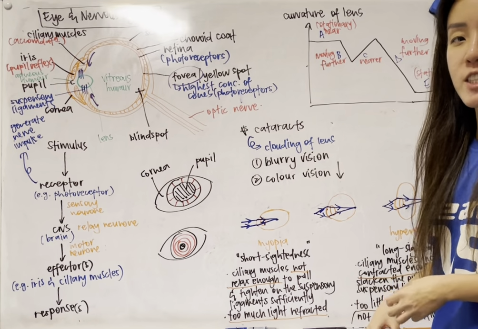Because there was too little refraction, right? And this is seeing a near object, right? So for a near object, with diverging rays, we are trying to bend light a bit, and then eventually this can help bend towards further into your fovea. So to let you know, this is a convex lens.